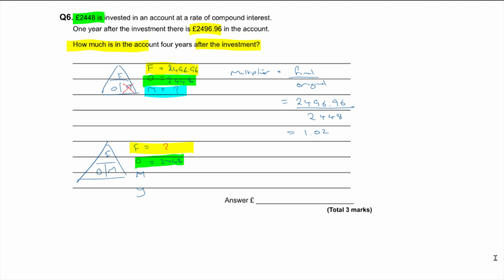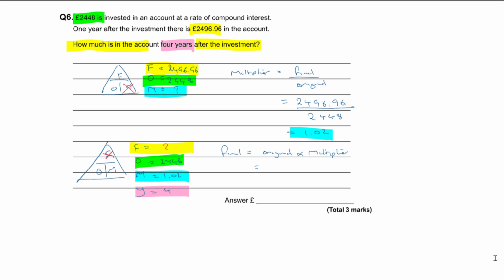The multiplier is the multiplier that we found, 1.02. And the number of years is 4 years from the question, so that's equal to 4. Covering up the thing I want to find, I'm going back to finding the final. So the final equals original times multiplier to the power of y.